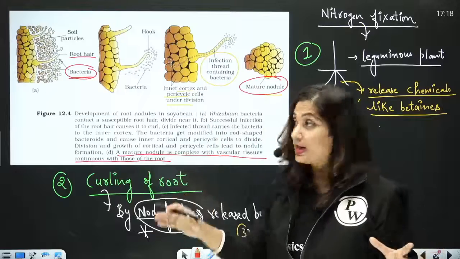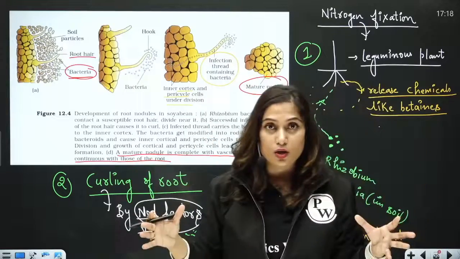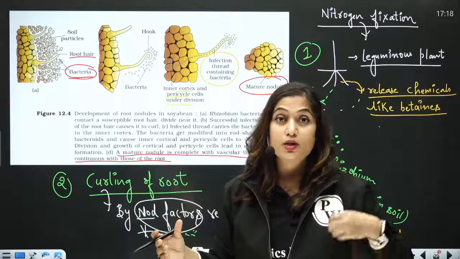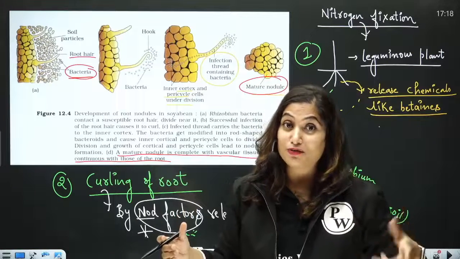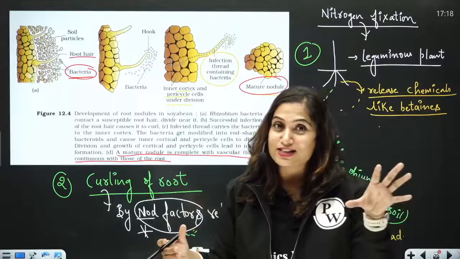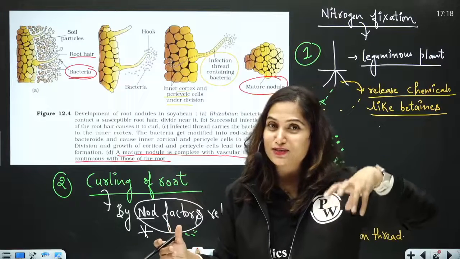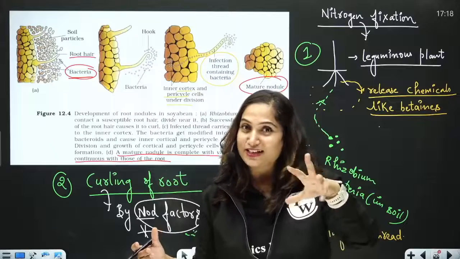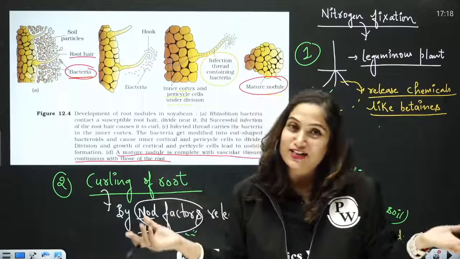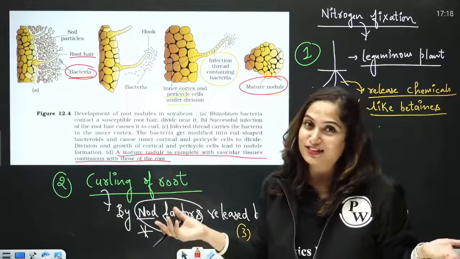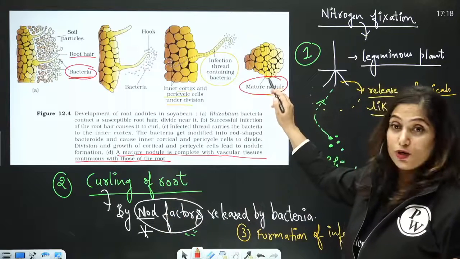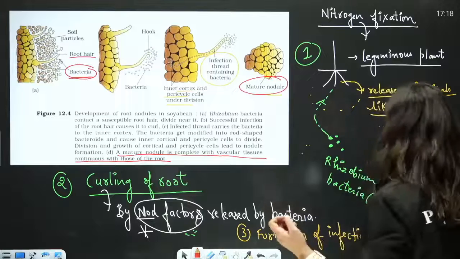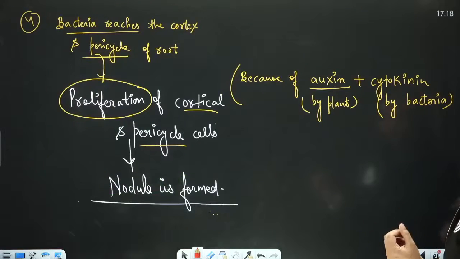That means this mature nodule, which is formed inside the root, is in contact with the xylem and phloem of the root. That means the bacteria inside the root nodule is deriving nutrition from the plant. That is why this is a symbiotic association. So this mature nodule is in direct contact with the vascular tissue of roots. Okay, let's move forward now.